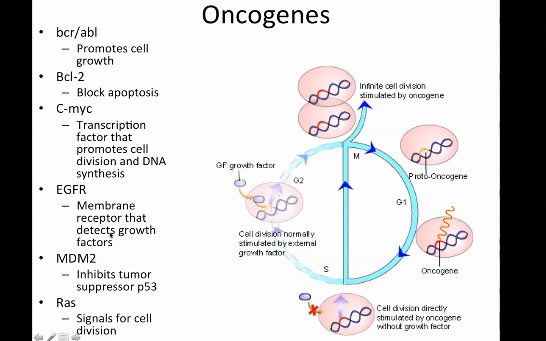EGFR detects growth factors, so if we have more of those membrane receptors around, it's more likely that the cell is going to divide. We also have proteins that inhibit tumor suppressors. So MDM2 actually inhibits a tumor suppressor called P53. So if we have more MDM2 around, we inhibit tumor suppressors from doing their job.